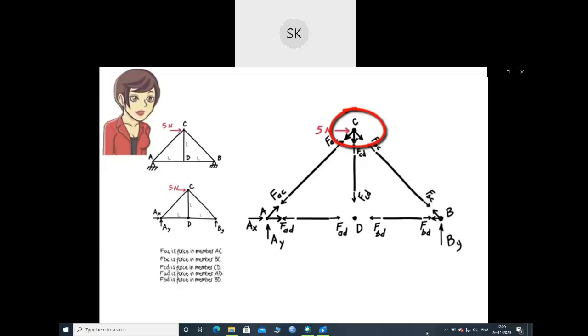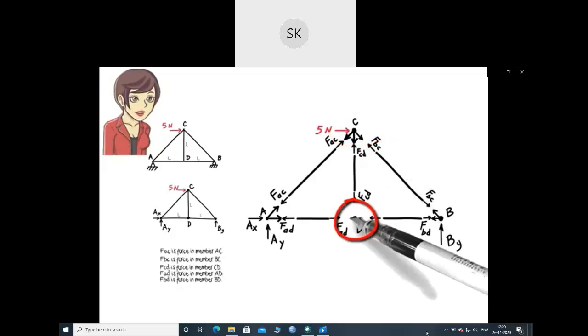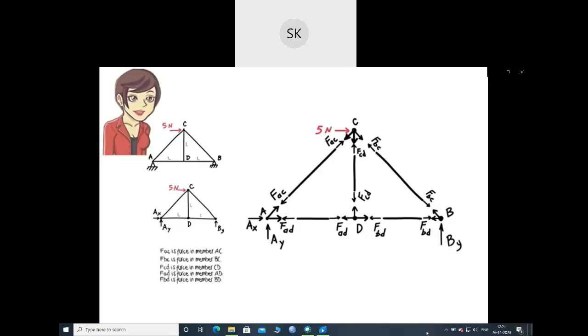At joint D, there are three member forces, FAD, FBD, and FCD. Now we have the complete free body diagram for each segment. As I mentioned before, for the entire truss to be in equilibrium, each segment must be in equilibrium. We can easily see that the equilibrium equations are satisfied for each member segment.